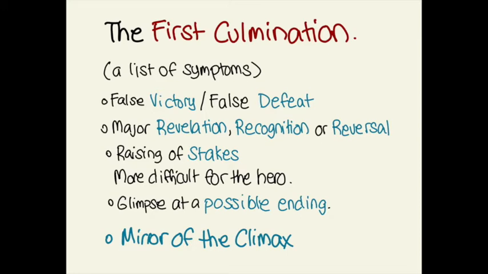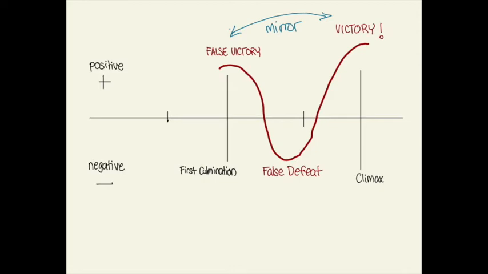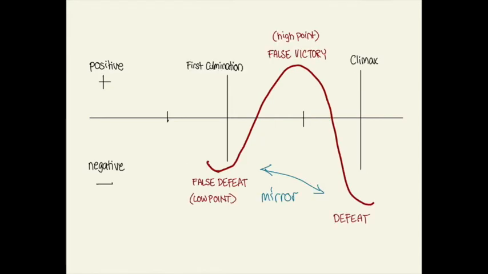And lastly, it is often, but not always, the case that the midpoint mirrors the climax, in the sense that if this is a story in which the protagonist ultimately wins and ends at a high point, then the midpoint is likely to be a false victory, followed by a low point near the end of the second act. Conversely, if the story is a tragedy, the first culmination is often a false defeat, followed by a high point at the end of the second act.